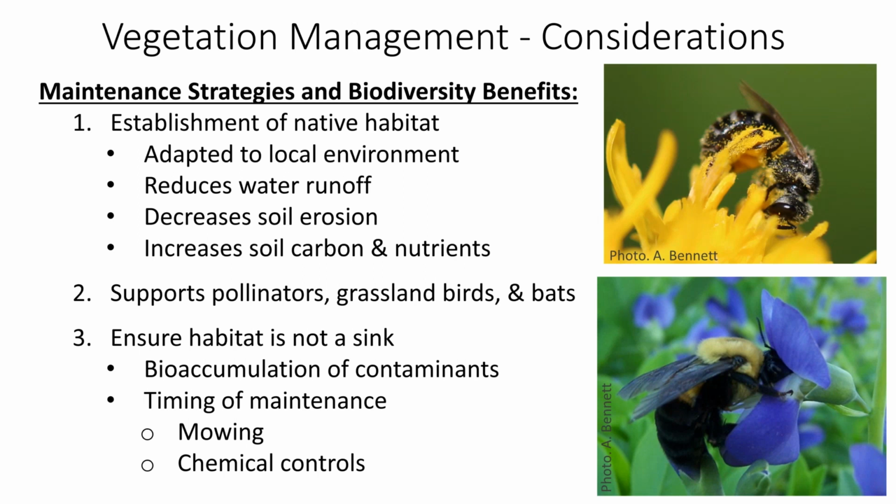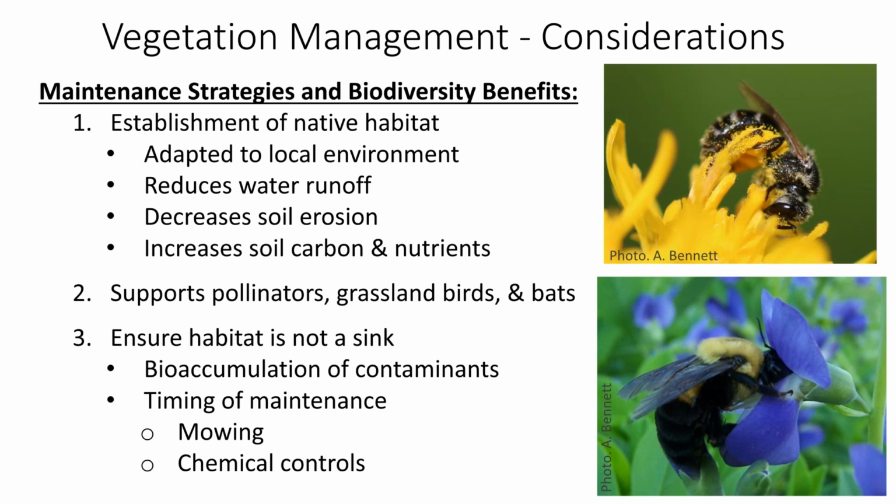One, they're oftentimes adapted to the local environment, meaning they're going to be drought tolerant, for example. Native plants typically have very deep roots compared to a lot of our turf grasses. So this really does help reduce water runoff and decrease soil erosion, and it can improve the health of the soil over time by increasing soil carbon and nutrients that are accumulating.